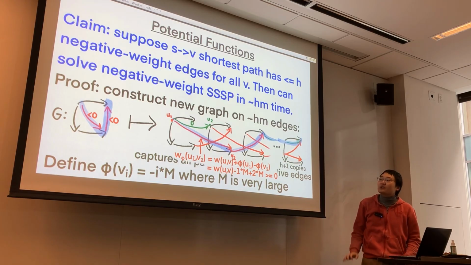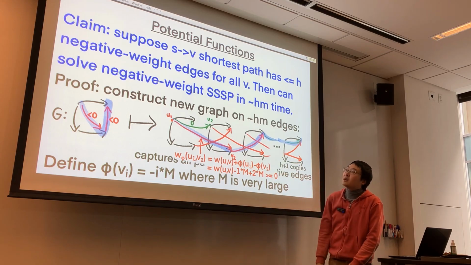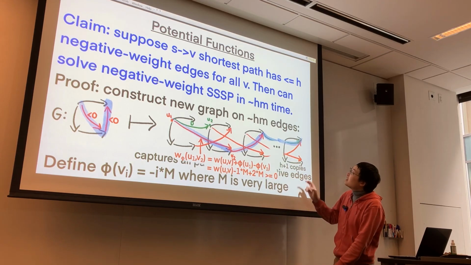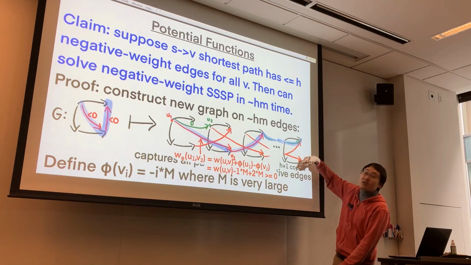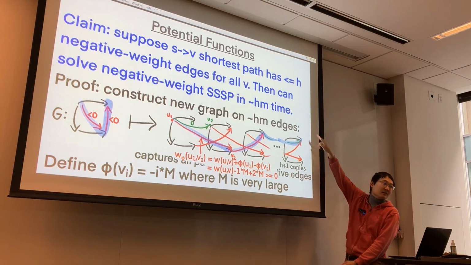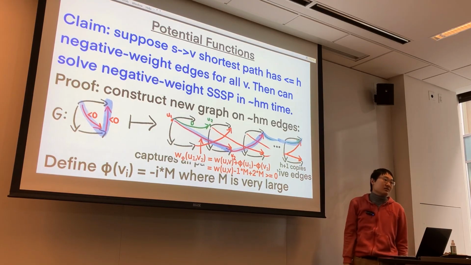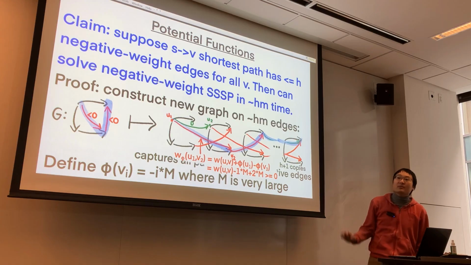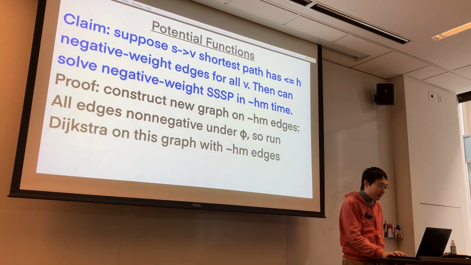Great. So what is the algorithm? You apply this potential function, run Dijkstra over shortest paths. The distances from the start to this final set of vertices give you the shortest paths, because this captures essentially all paths of length at most h. So this is just one way to apply a potential function.